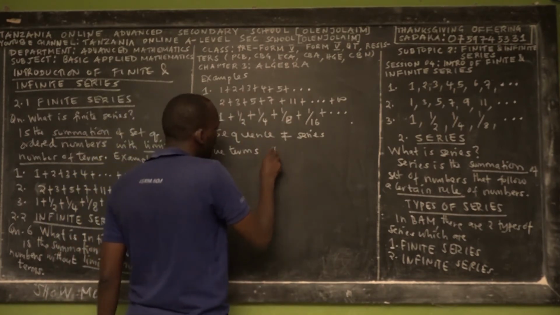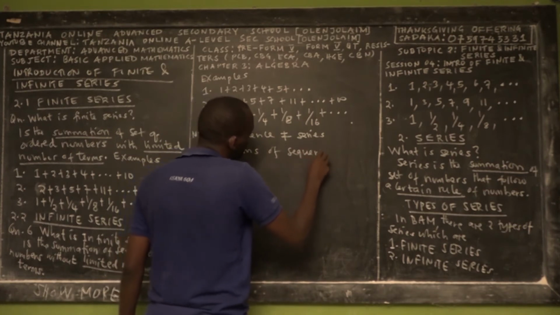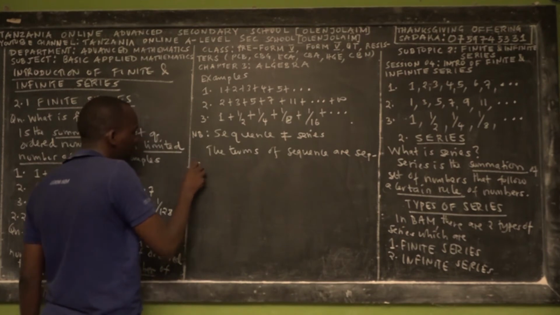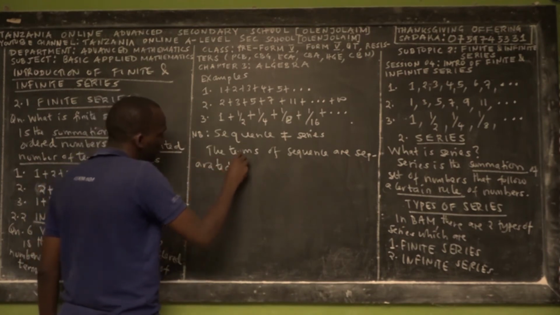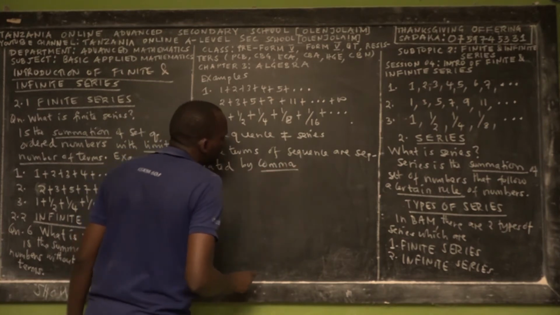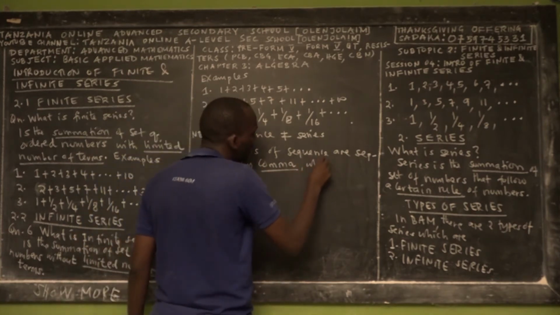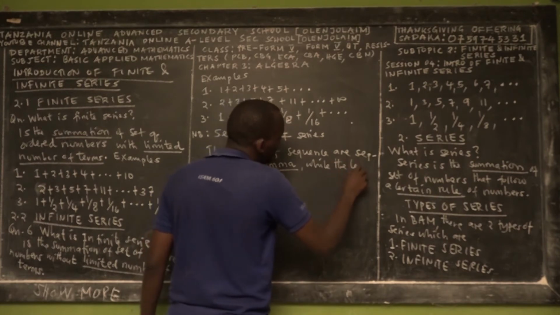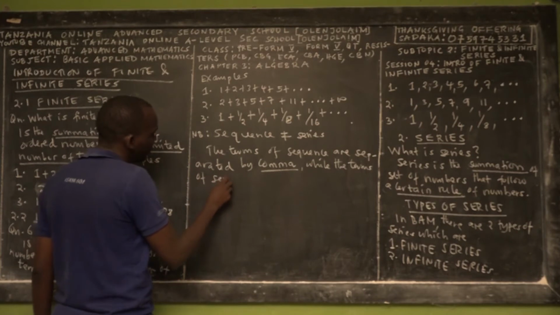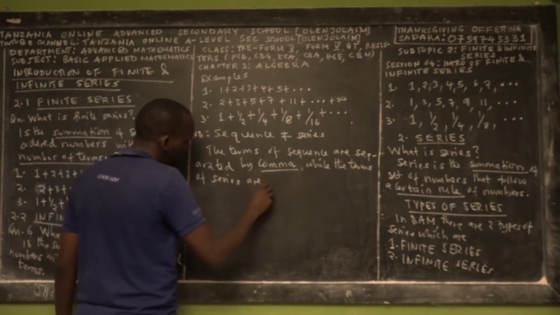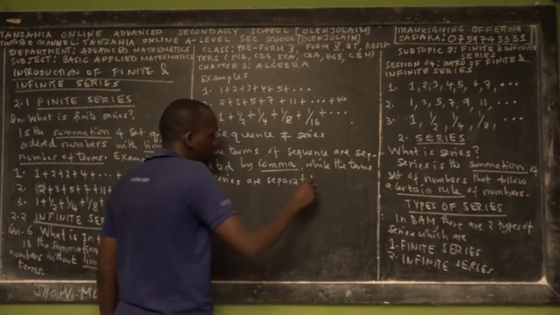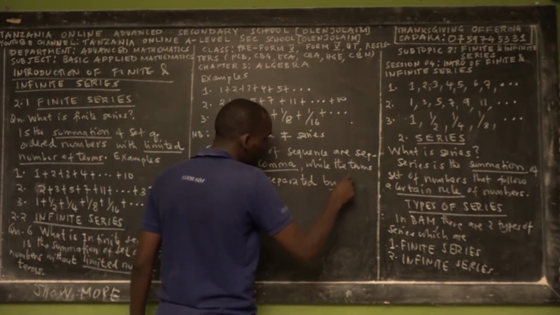The terms of a sequence are separated by commas, while the terms of a series are separated by addition.